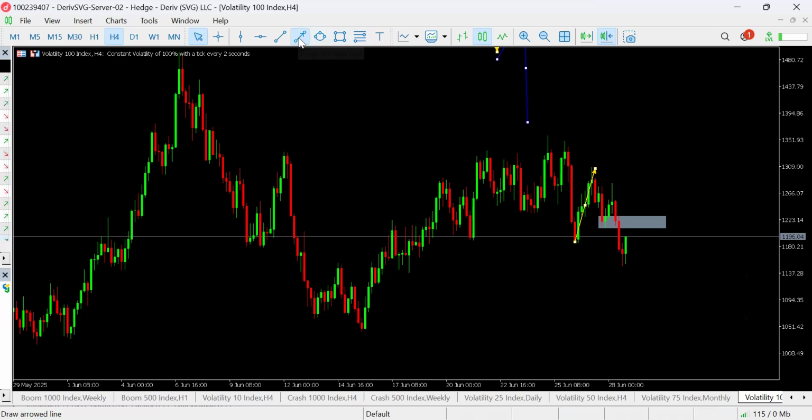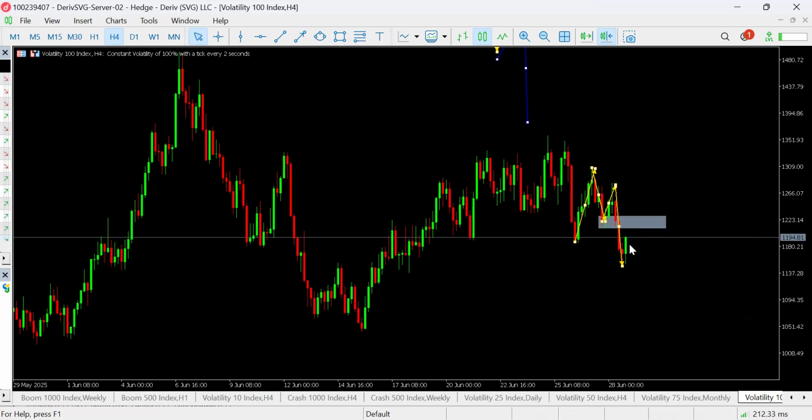This is an M pattern. So this is already presenting us with what? A market opportunity to practice what I have just taught.